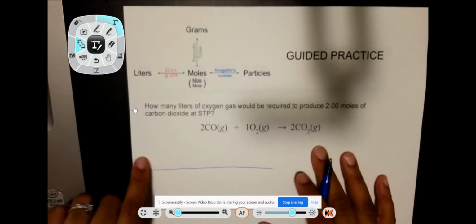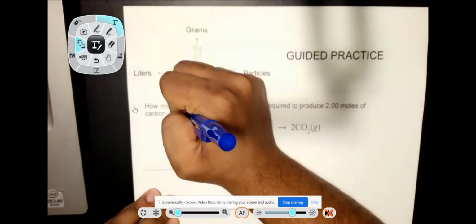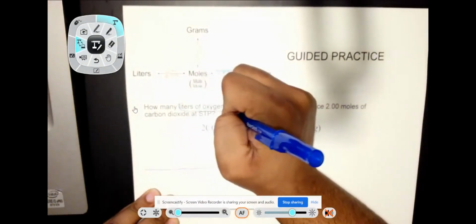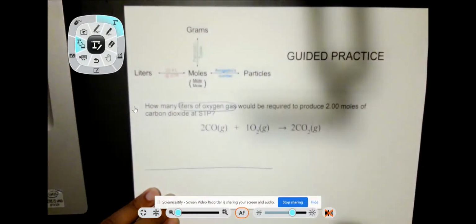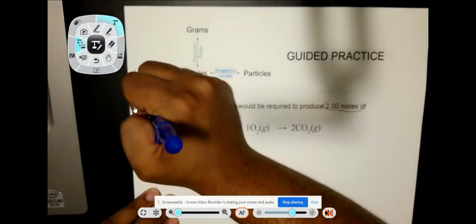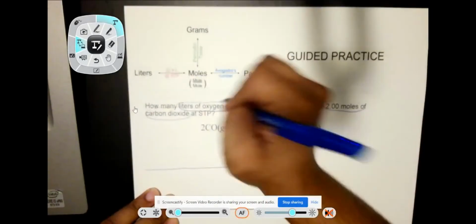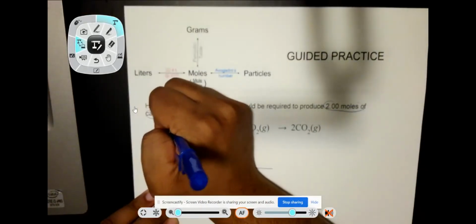And then in my question, I'm just going to circle the information that I need. So I'm trying to get to liters of oxygen gas, and I'm starting with moles of carbon dioxide. Just as a reminder, oxygen gas is O2 and carbon dioxide is CO2.